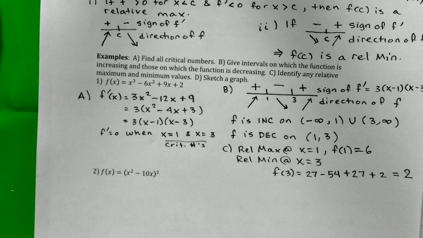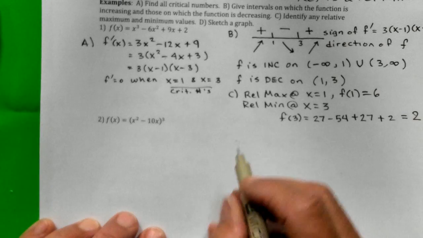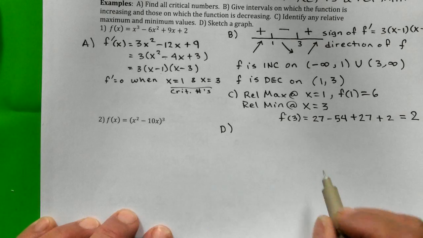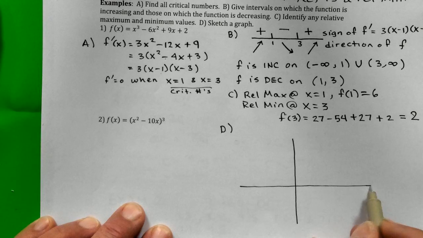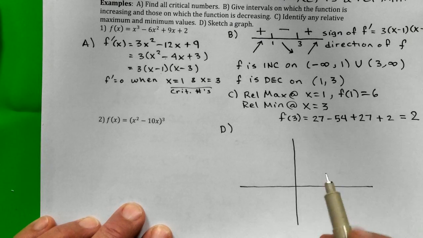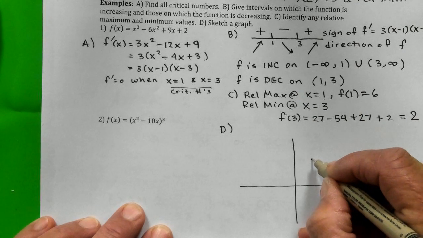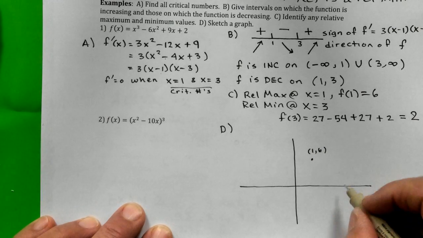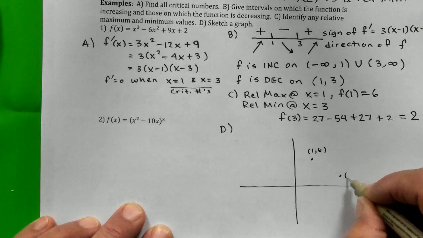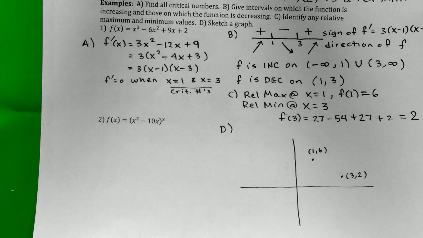And so let's put the graph right down here for part D. Doesn't have to be perfect. Of course, mine will be. We've got the ordered pair 1, 6 that I'm going to put here. And then we've got the ordered pair 3, 2 that I'll put here. Now with my pencil, I'm going to lightly draw in what the tangent line is telling me.